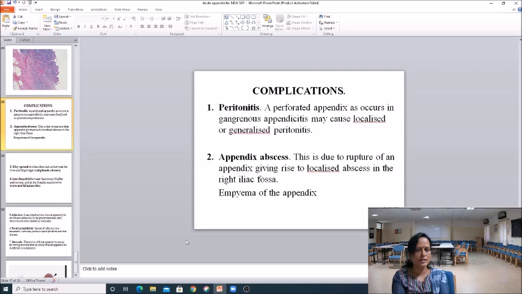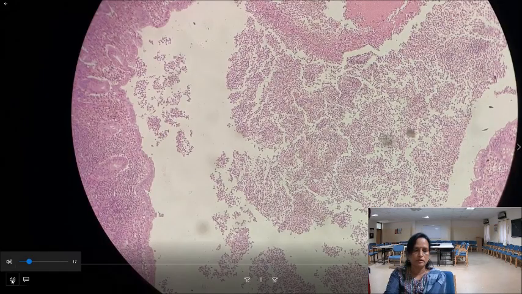Let us look at the microscopic appearance of these slides. See, this is the lumen of the appendix. You can make out the mucosa. See all these glands. See, very rich lymphoid tissue, of course, in the submucosa.